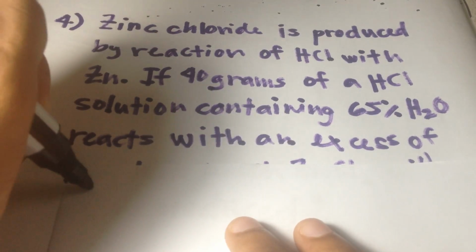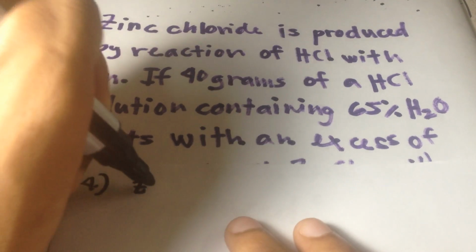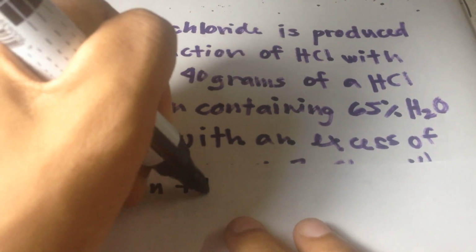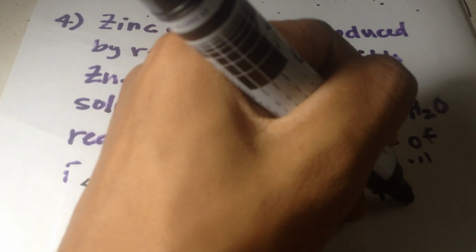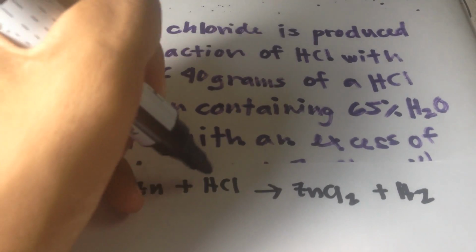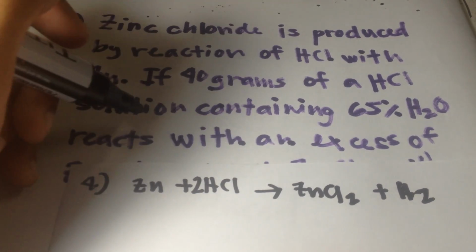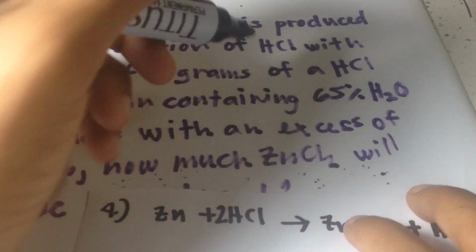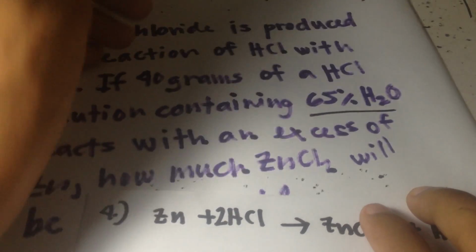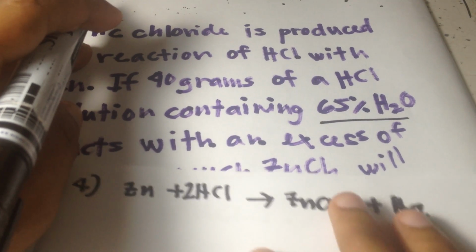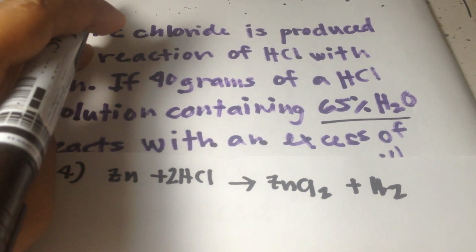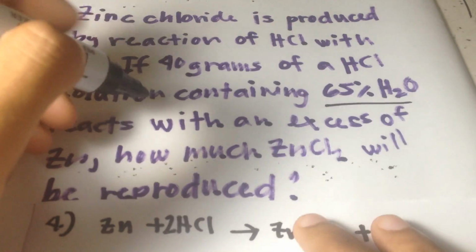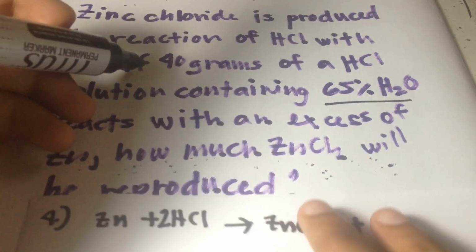So number 4, zinc metal plus hydrochloric acid reacts to zinc chloride plus hydrogen gas, and you put the balance, which is 2, and they have 40 grams and 65% of water. So you need to calculate zinc chloride. How much zinc chloride will be produced?